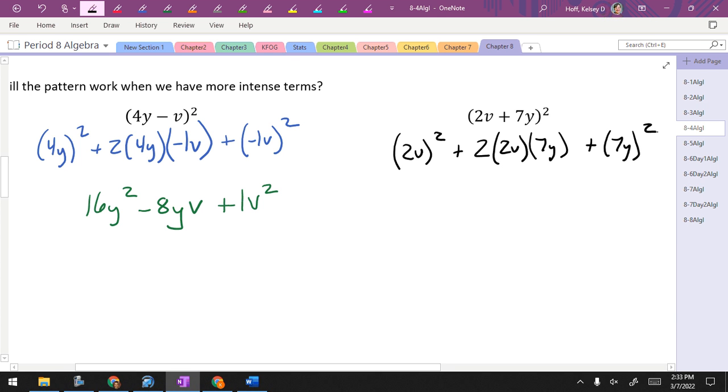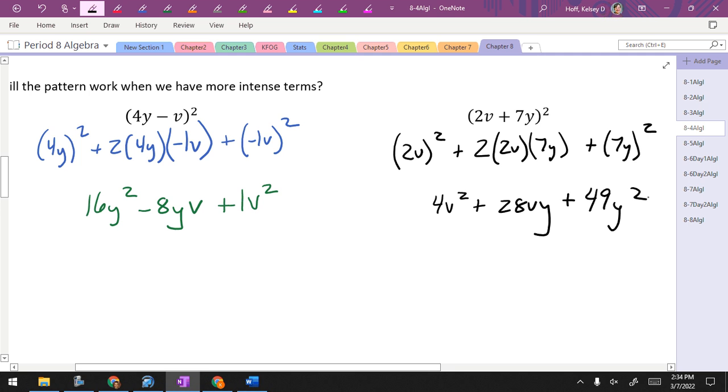Square the first term. 2 times the first times the second. And then we square the second term. I should end up with 4v squared, 28vy, plus what? 49y squared.